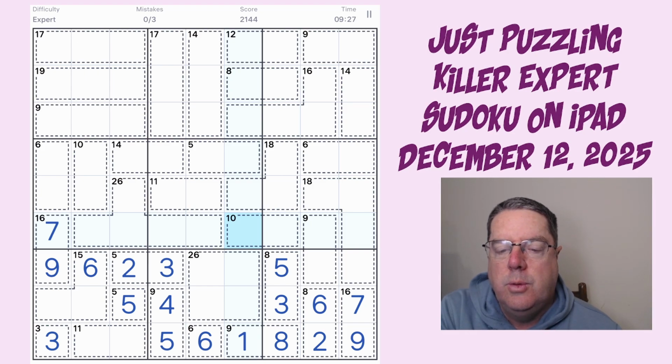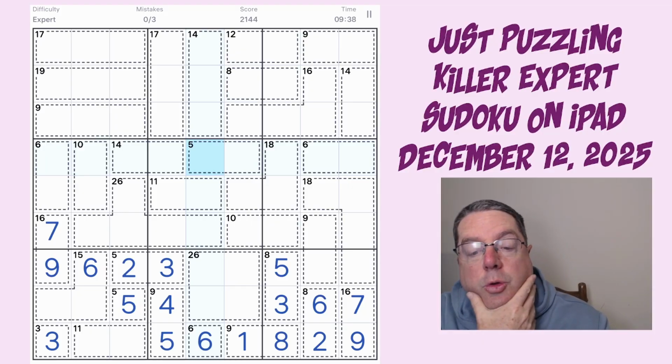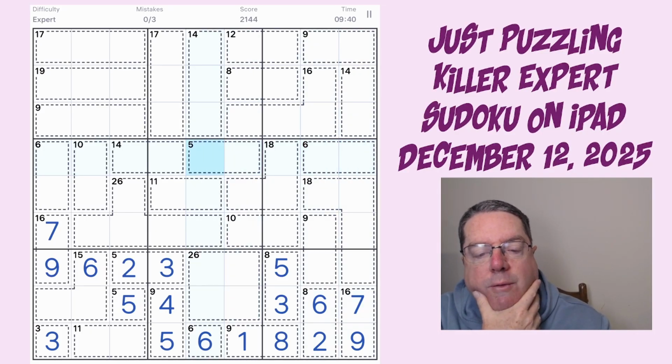So if this is 1 and 5, this would be 2 and 3. If this is 2 and 4, that's out. Okay. So 2 and 4 means that can't be 1 and 4 and 2 and 3. So this is going to be 1 and 5, 2 and 3 here. 1 and 5.